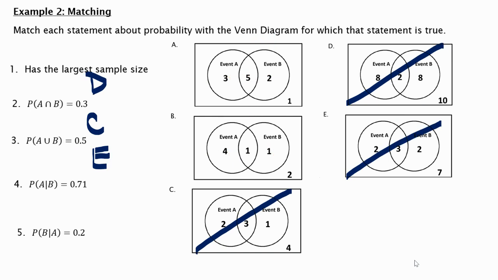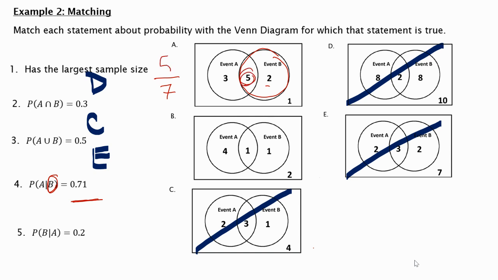For the last, number 4 and 5, we're down to choice A or choice B, so I crossed the other ones out. The first one is the probability of A given B. Under the condition of B, an easy way to do that is the value on the bottom is going to be how many elements fall within B. For the first one, the number of elements in B would be 7, and the intersection of the two circles is 5.